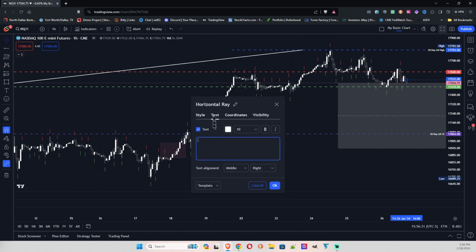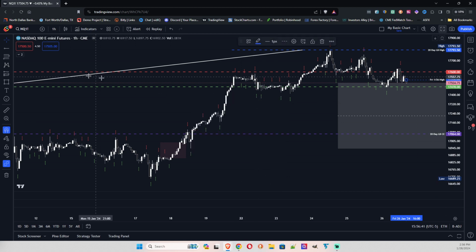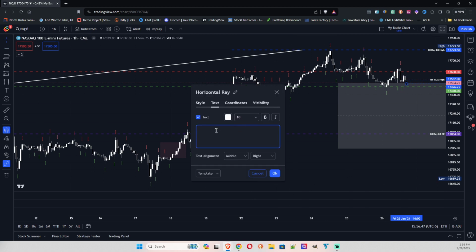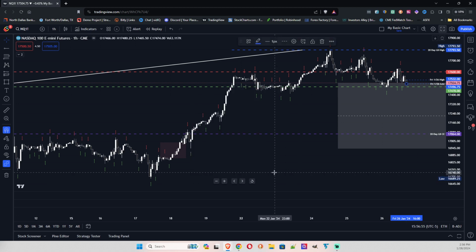I'm just going to call it Friday 1/26 high. Make another one. We'll call that one Friday 1/26 low. So that marks my Friday daily range.